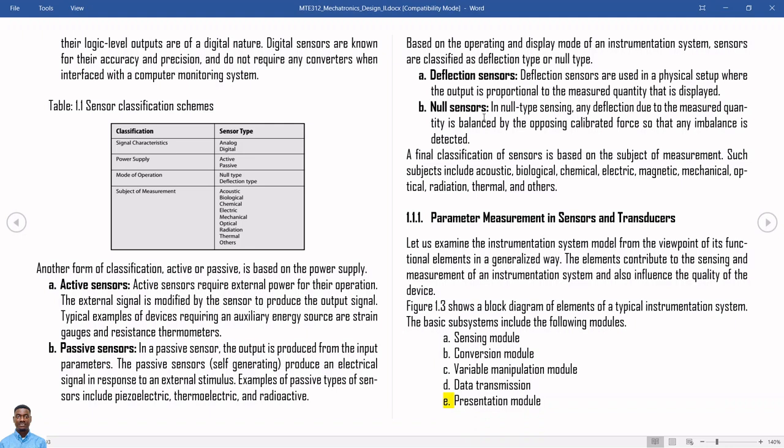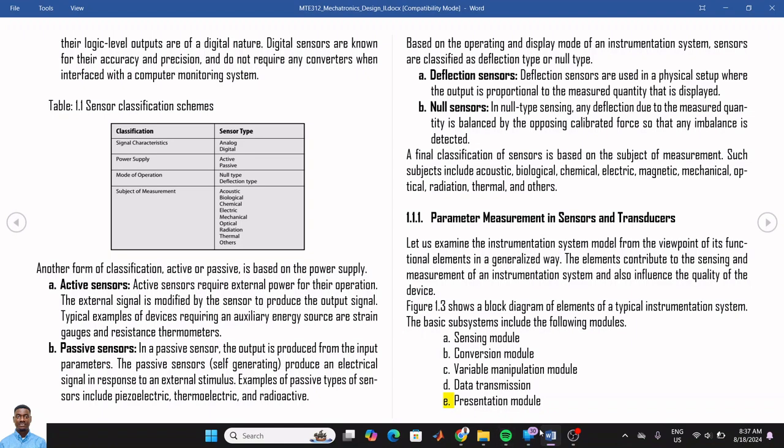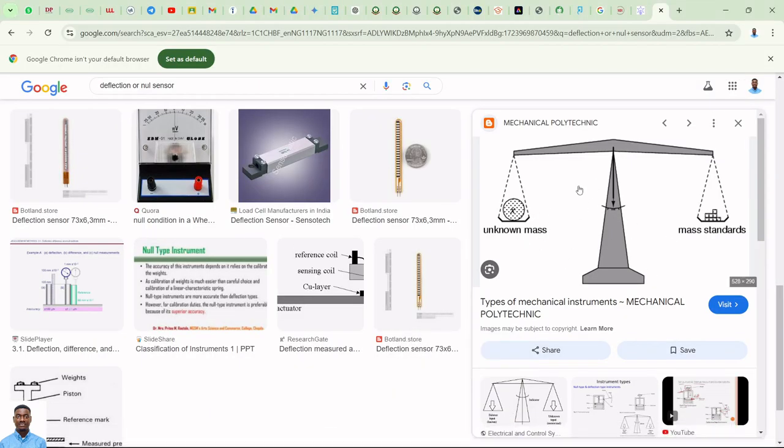When they put the nails on one pan, there will be a deflection. Then they begin to put the mass, maybe 1 kilo, 0.5 kilo, on the other side until the displacement becomes balanced. So they now tell you, okay, that is 1 kilo of nails. That is a type of null effect sensor.